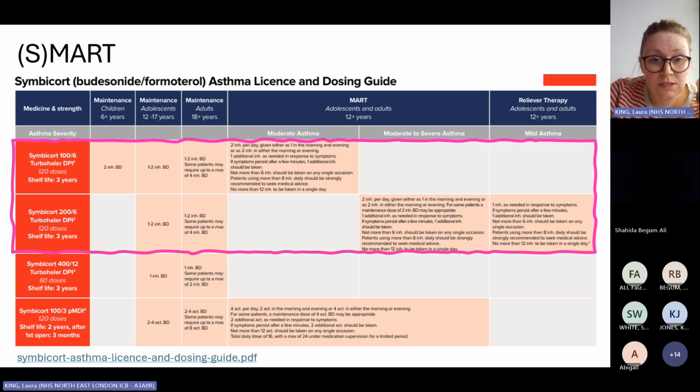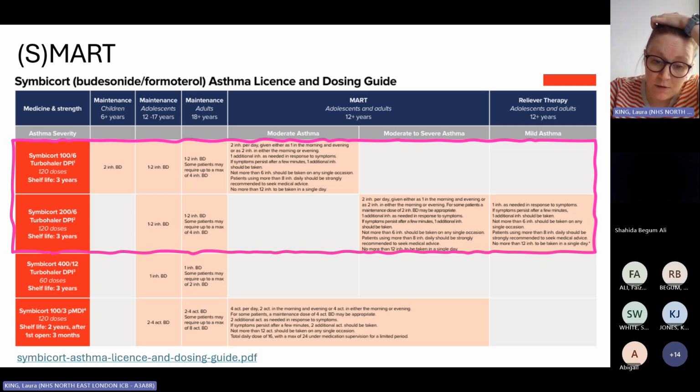We've then got MART. So we've got our inhalations per day. For example, for moderate asthma, we would have a puff in the morning, a puff in the evening, plus up to 6 extra reliever puffs, if you like, in one day. And the guidance says, I don't know if you can read it, because my screen on this one is a little bit fuzzy, if you're using more than 8 inhalations daily, we should really be making sure our patients are seeking medical advice.